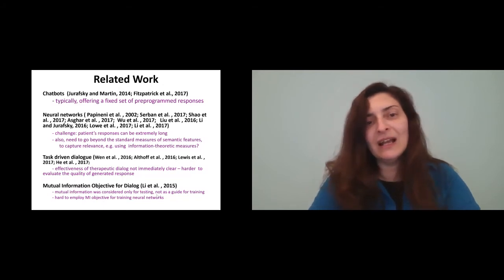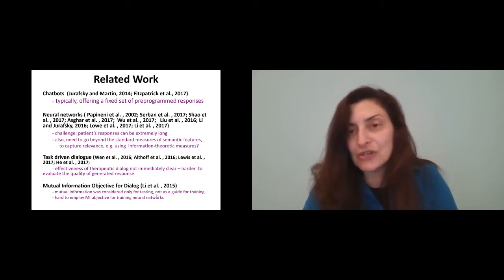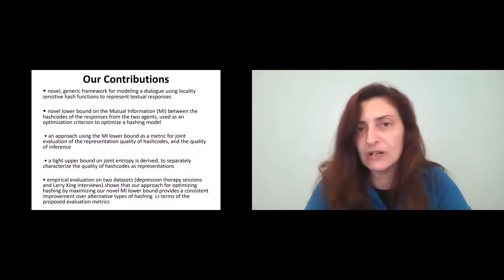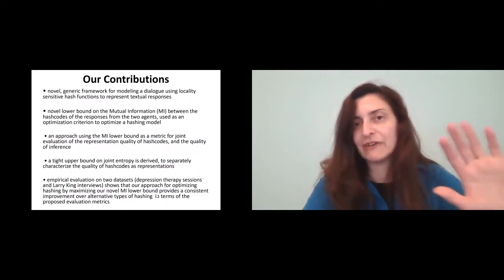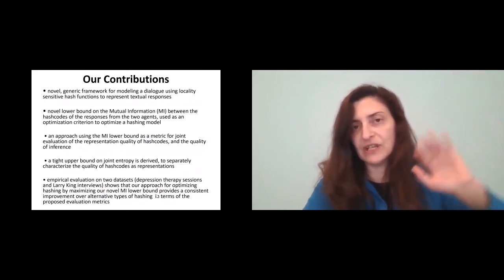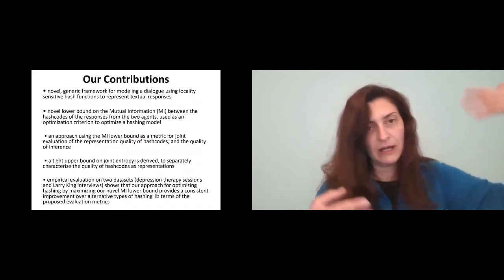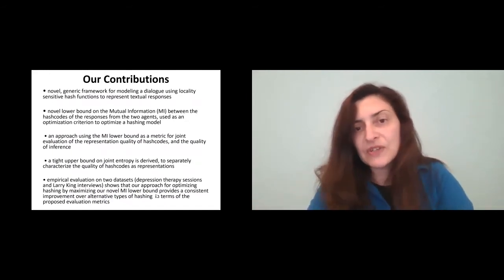Anyway, just to make the long story short, in this approach, we proposed a framework based on hash code functions, a very different approach to learning representations than the standard fitting of neural network compound functions or deep nets.